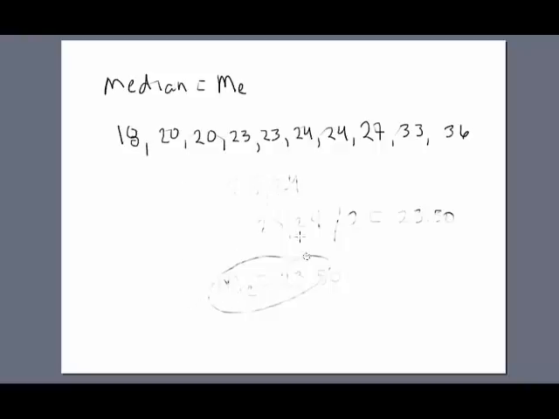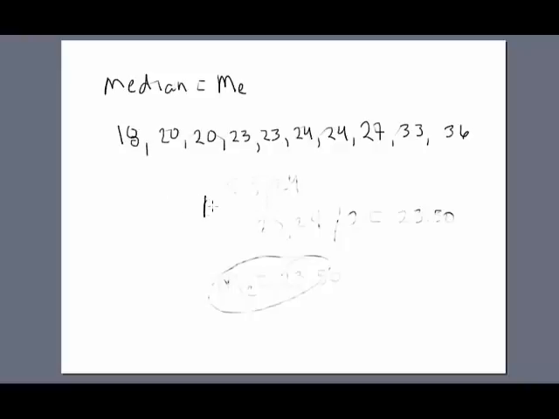So you can see that 18 occurs once, 20 occurs twice, 23 occurs twice, 24 occurs twice, 27 occurs once, 33 occurs once, and 36 occurs once. So in this case we have multiple modes.